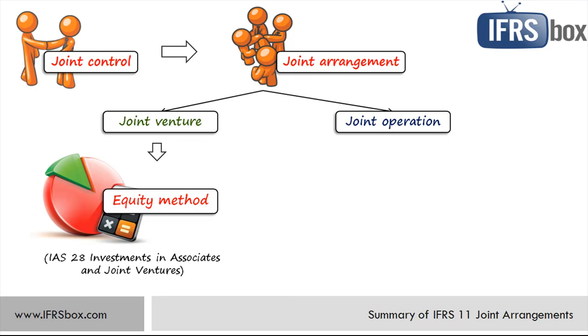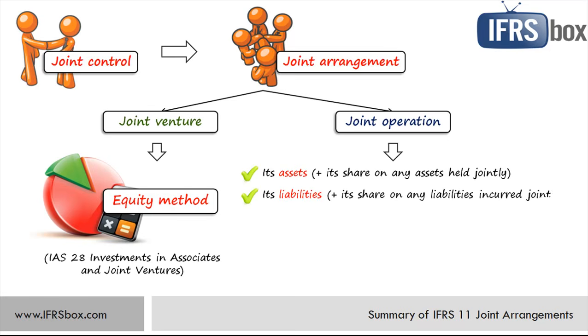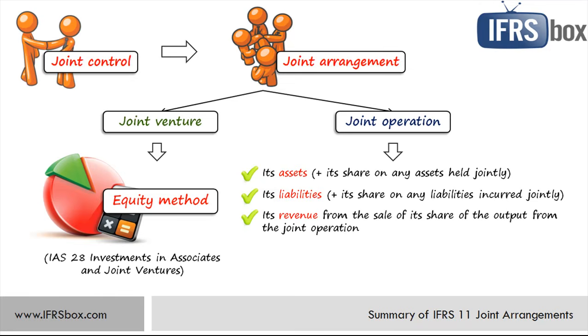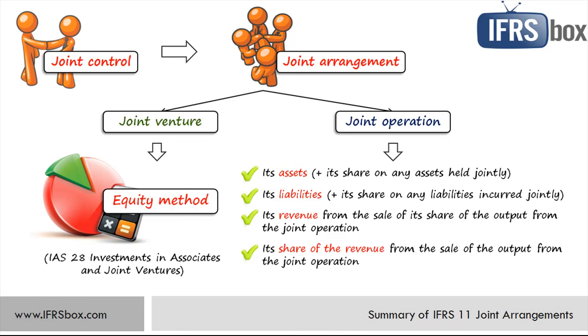A joint operator that is involved in a joint operation needs to account separately for its assets, including its share of any assets held jointly, its liabilities, including its share of any liabilities incurred jointly, its revenue from the sale of its share of the output arising from the joint operation, its share of the revenue from the sale of output by the joint operation, and its expenses, including its share of any expenses incurred jointly.